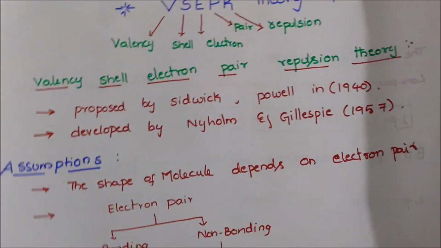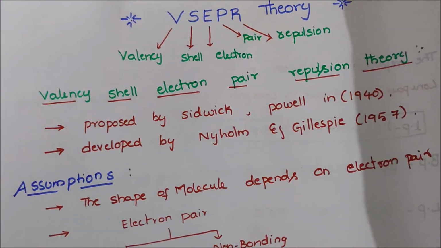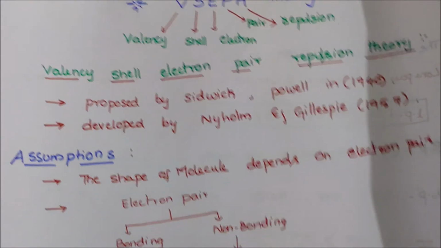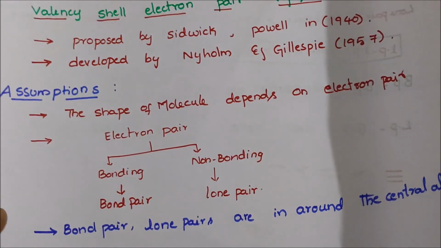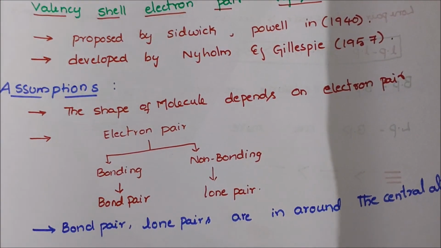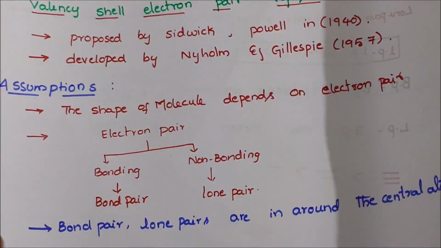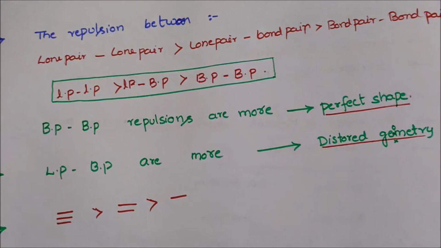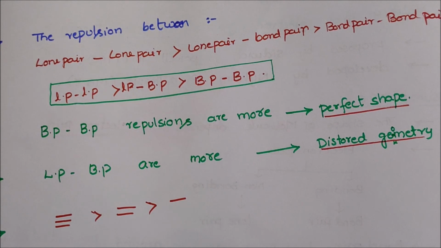What we discussed one by one in VSEPR theory is that the shape of the molecule depends on the electron pairs, that is the bond pairs and lone pairs, which are around the central atom. The repulsion between lone pairs is greater than lone pair to bond pair, which is greater than bond pair to bond pair.